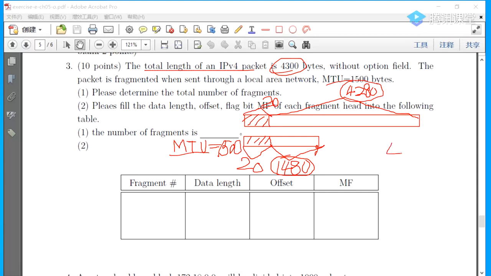So we divide this value by 1,480, right?